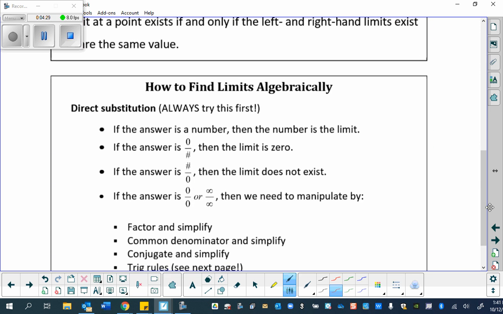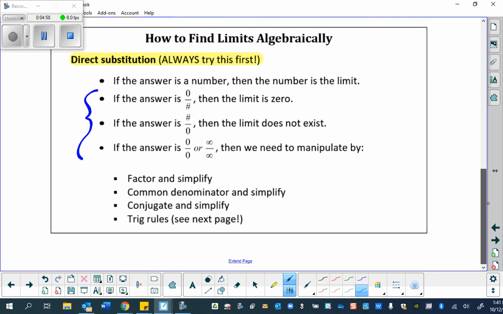When I go to find a limit algebraically, the most important thing is always to use direct substitution. Only when I end up with these indeterminate forms do I deal with all of the different ways I can manipulate a value. If I get 0 over the number, then the limit is 0. If I get the number over 0, then our limit does not exist.